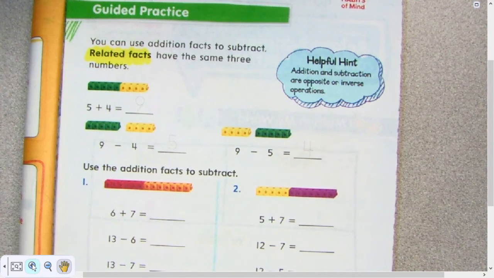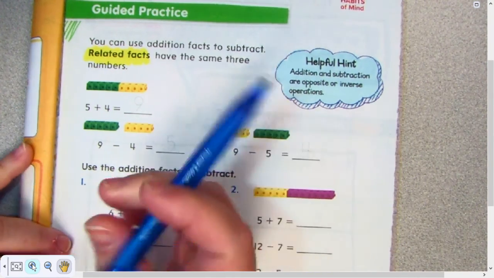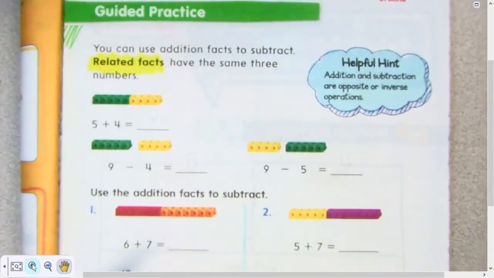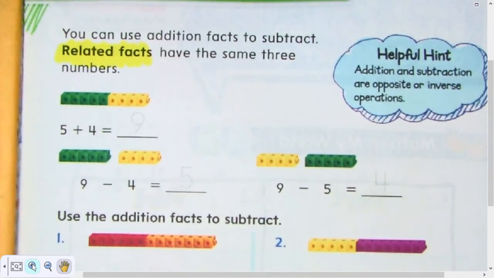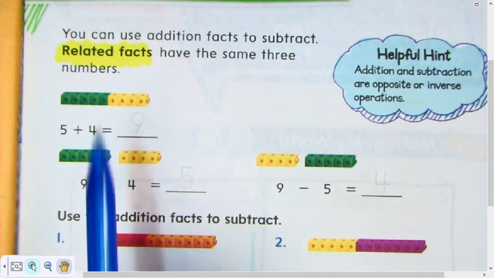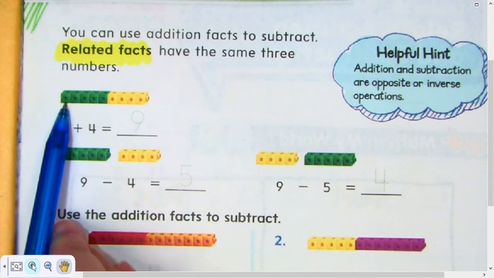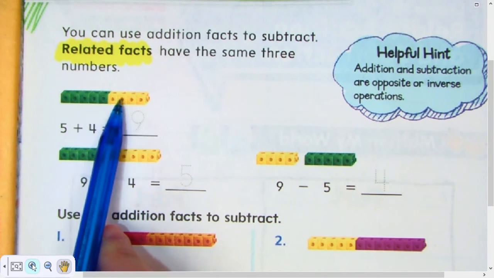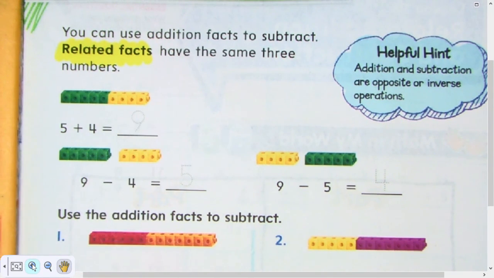All right, so what we're going to do is related facts, and they're showing it with the green tokens. Let me zoom in a little and see if this helps. Full screen is always better. All right, so they show 5. 1, 2, 3, 4, 5, and then they show 4. 1, 2, 3, 4. Well, they put them all together, and you know how I like rows of 5 because it makes it easier to count.